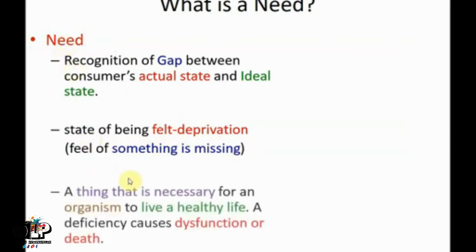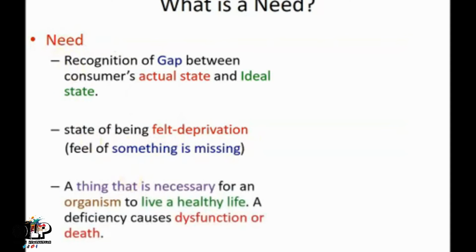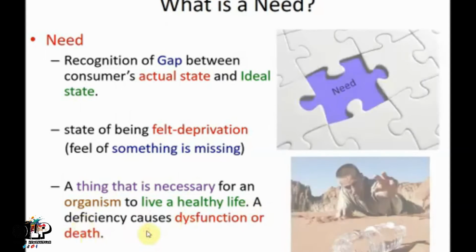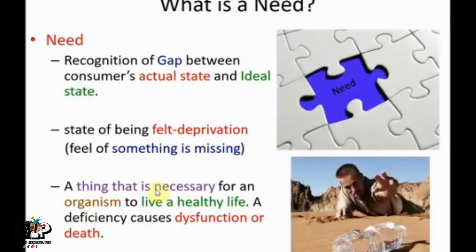And the last definition of need, which is actually an economic definition, is a thing that is necessary for an organism to live a healthy life. A deficiency causes dysfunction or death, which means anything that helps the human or animal to live a healthy life, to sustain its life, to keep its life from decaying.